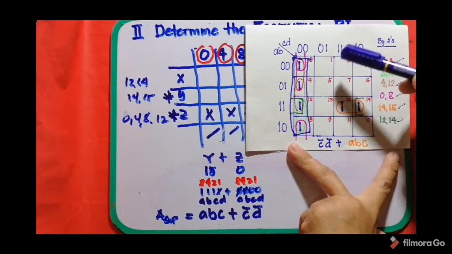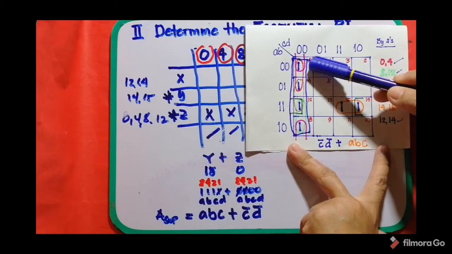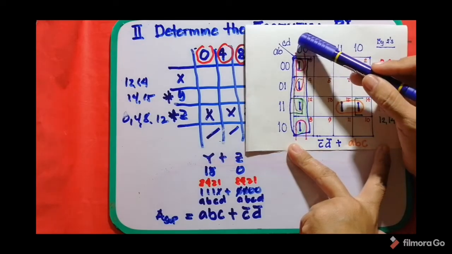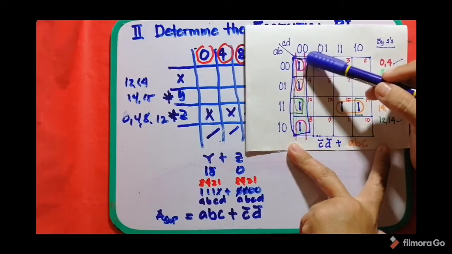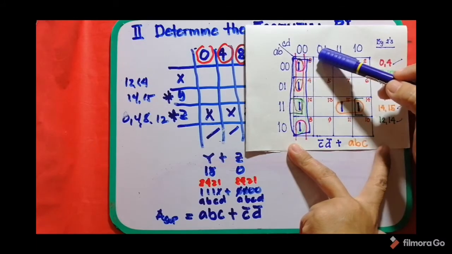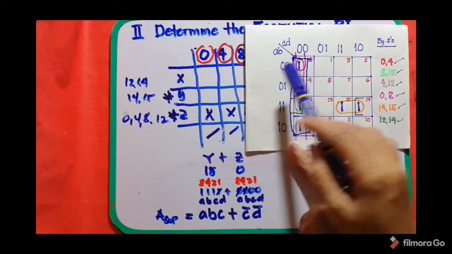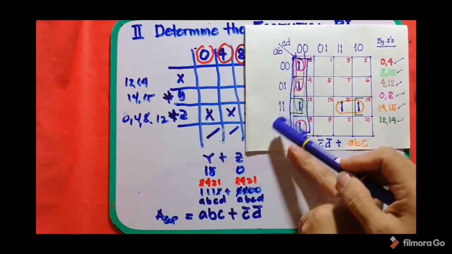So, therefore, if we get the minterm for this group, this would be C, D. We have here this group that covers 0, 0, 0, 1, 1, 1, and 1, 0.